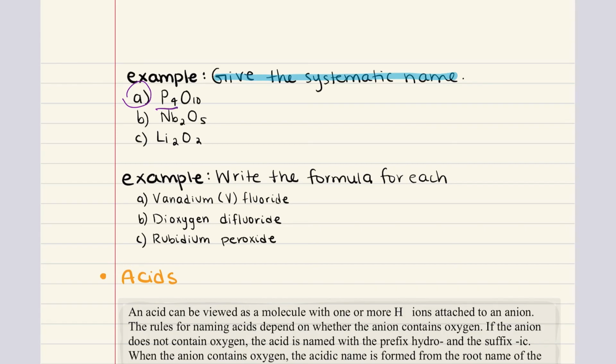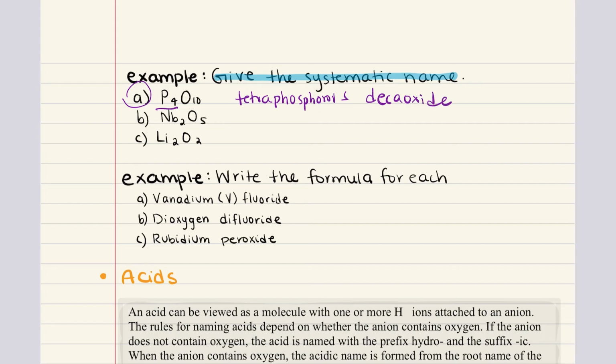So this is going to be tetraphosphorus. Now our second element is oxygen. And here we want to name it as if it were an anion, so oxide, and we have 10 of them, so decaoxide. The name for this compound is tetraphosphorus decaoxide.